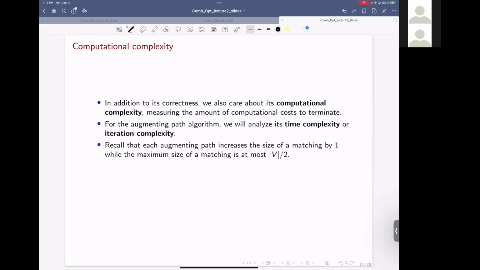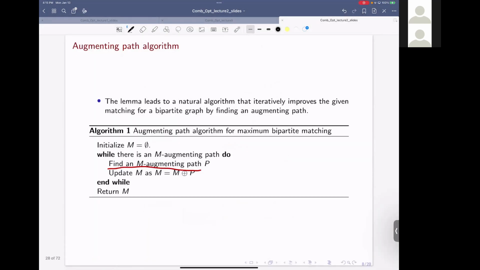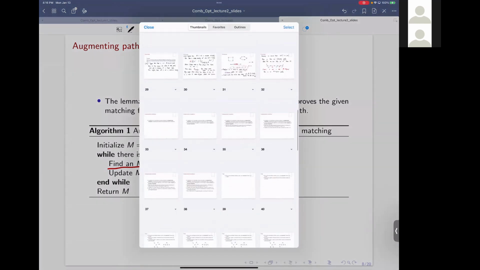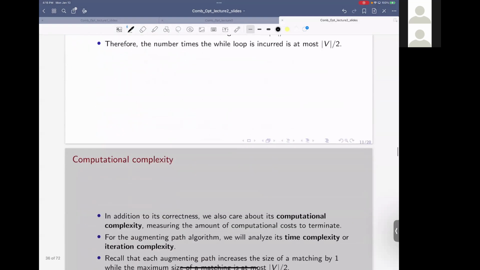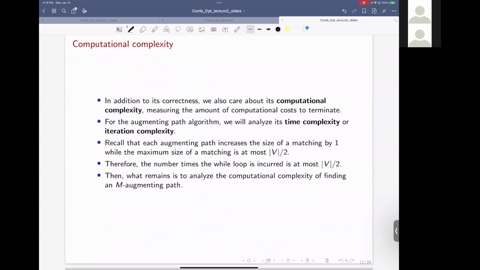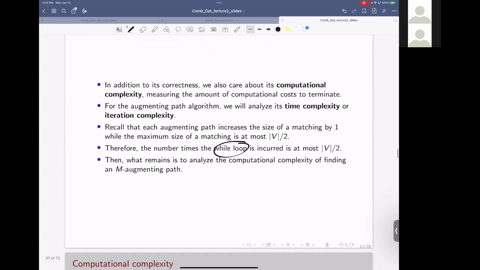That means the maximum number of while loops of this algorithm is the number of vertices divided by 2. Now it's time to analyze the computational complexity of each while loop. Then the final complexity of this entire algorithm will be the complexity of finding an augmenting path times the number of vertices.